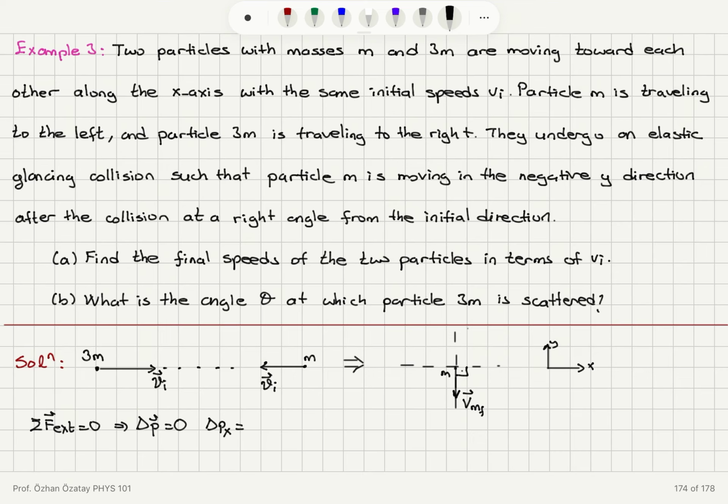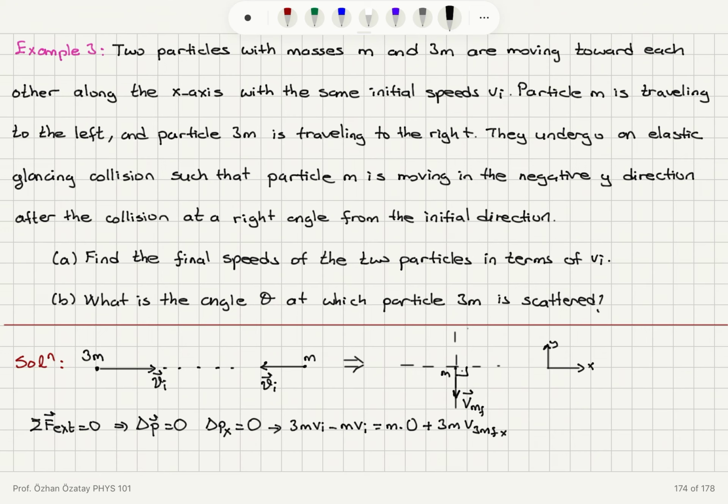Delta px is 0, and therefore if I write the initial momentum 3m v initial i hat minus mv initial i hat, this must be equal to the x component of m, which is 0, plus the x component of 3m velocity, which we have to determine, 3m final x component.